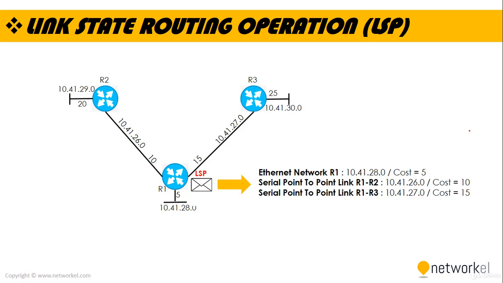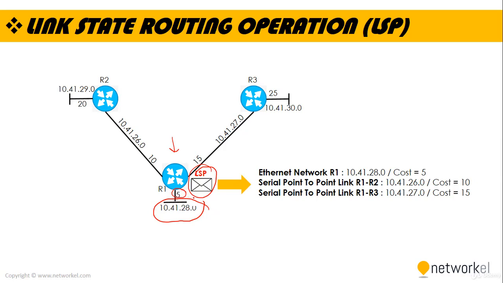Secondly, routers build the link state packet, which is LSP, and which has the link state of directly connected links. For example, in router 1's LSP, we have the information containing the Ethernet network, which is 10.41.28.0, with a cost value of 5, as you can see in here.